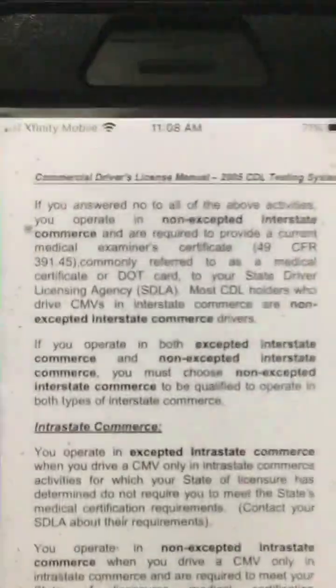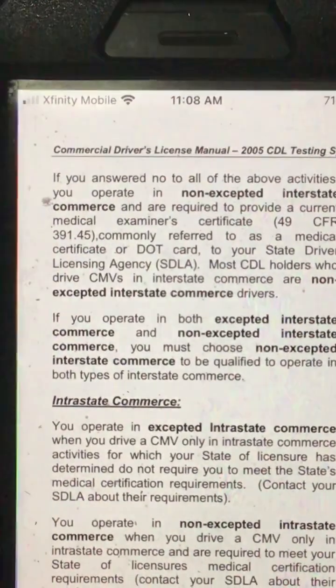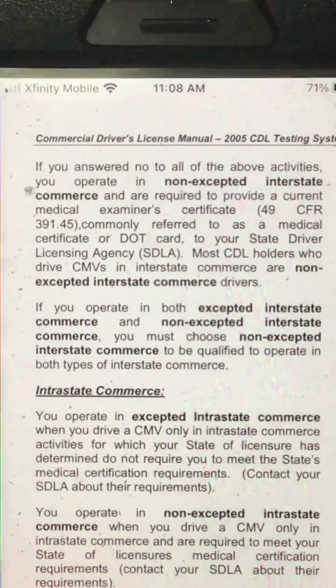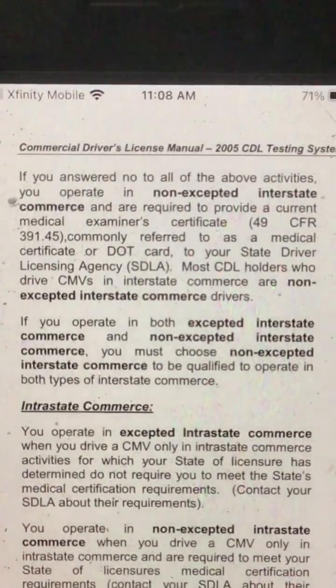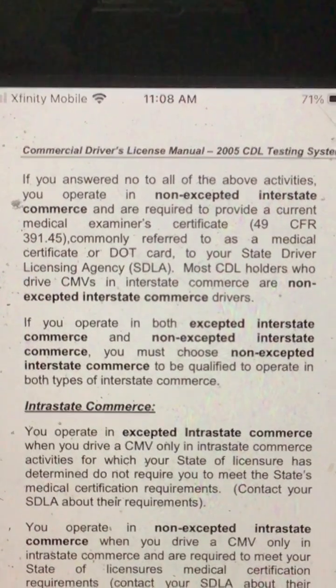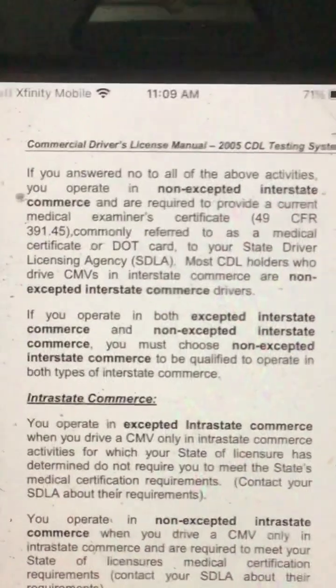Most CDL holders who drive CMVs in interstate commerce are non-accepted interstate commerce drivers. That's highlighted.